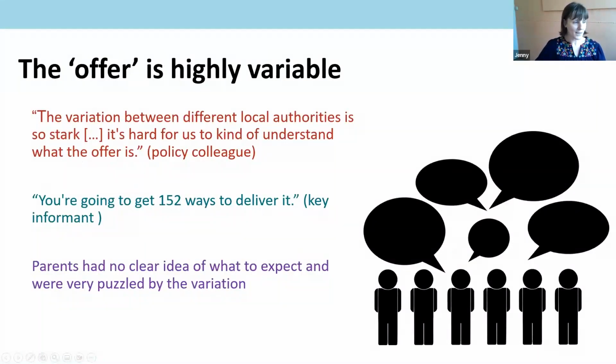The second complicating factor is that the health visiting offer is highly variable across the country. One of our key informants said, you're going to get 152 local authorities, and you're going to get 152 ways to deliver it.